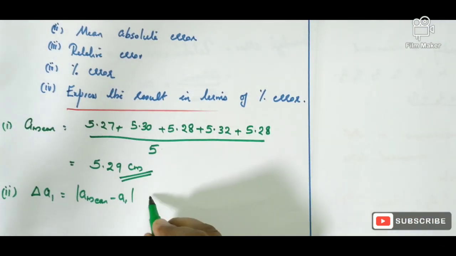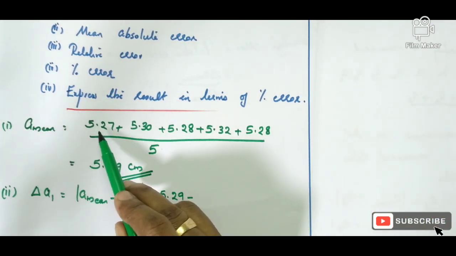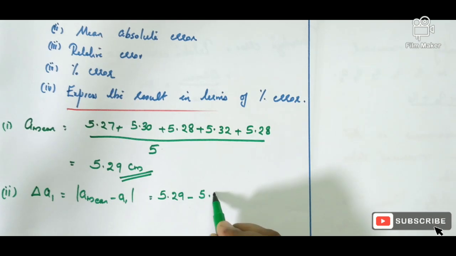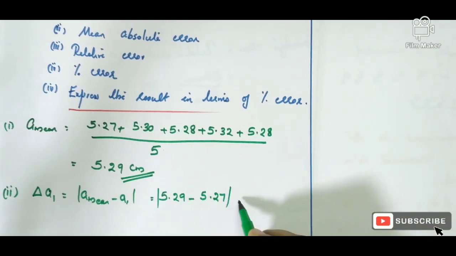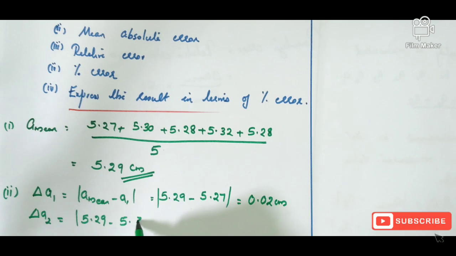So A mean is 5.29 minus first observation 5.27. Take the magnitude alone. So it is 0.02 centimeter. Similarly, we can find out delta A2. Delta A2 is 5.29 minus 5.30. That is 0.01 centimeter.